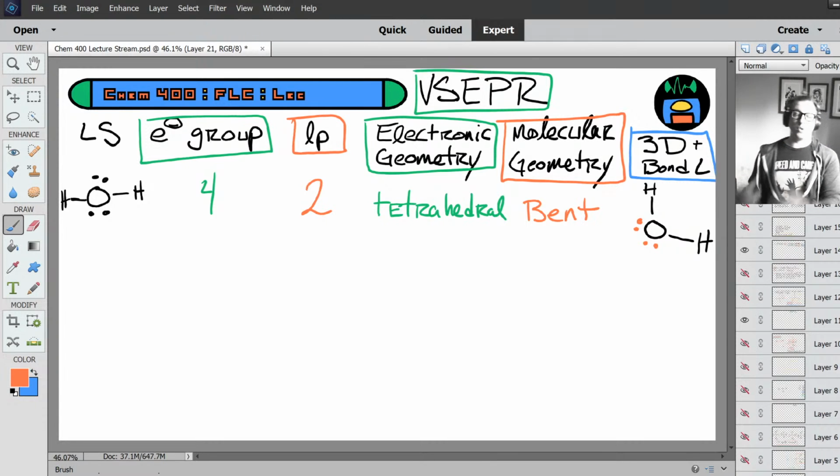Now you may be going, well, how does someone determine the difference between a tetrahedral electronic geometry with 2 lone pairs and a trigonal planar electronic geometry with 1? And the answer is in the bond angle. We have 2 lone pairs, so this gets pinched down from our bond angle of 109 twice. We lose 2 degrees twice, so 4 degrees.